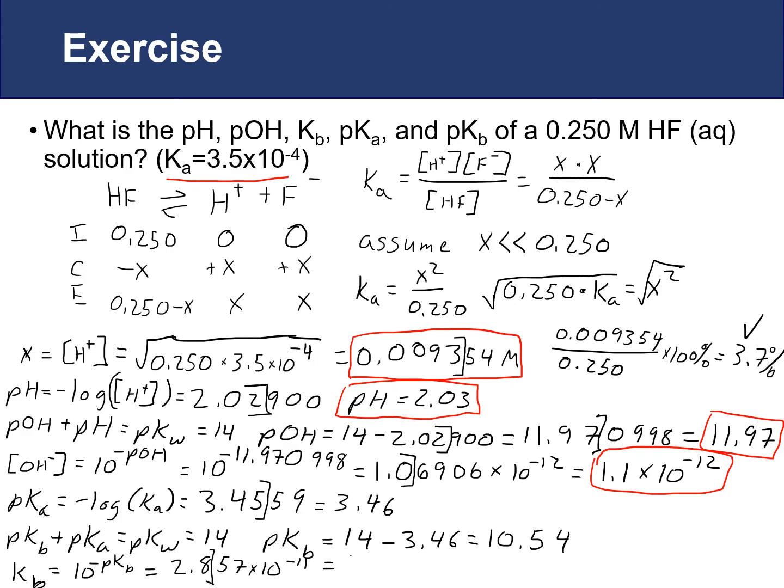So that means it is 2.9 times 10 to the negative 11. So that gets us our pKa, our pKb, and our Kb. Right? So those are all the values that we'll be after. You can see that calculating the values for a weak acid is a good bit more difficult than calculating for a strong acid, but as long as you approach it slowly and methodically, it is quite doable.